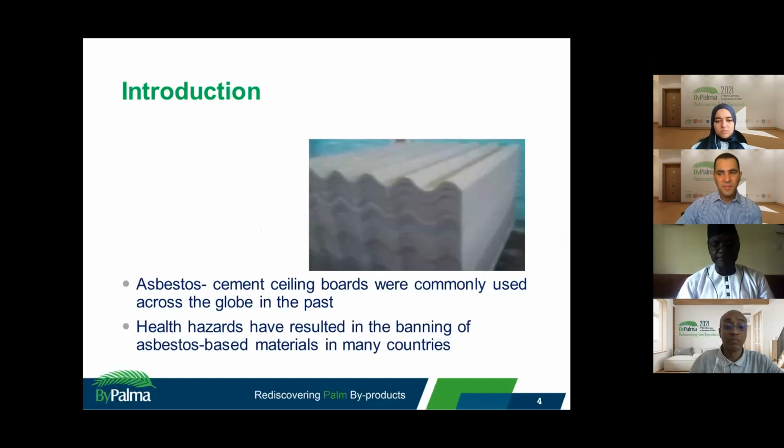Asbestos cement has been a popular roofing and ceiling material for many years, but because of the health issues associated with handling of asbestos, many countries have banned asbestos, even though it's yet to be banned in Nigeria, but gradually it's going to happen. And there's a need to proactively prepare for a time like that.